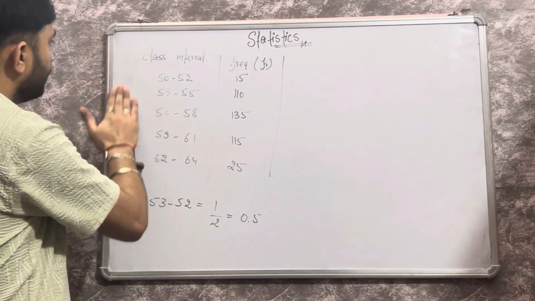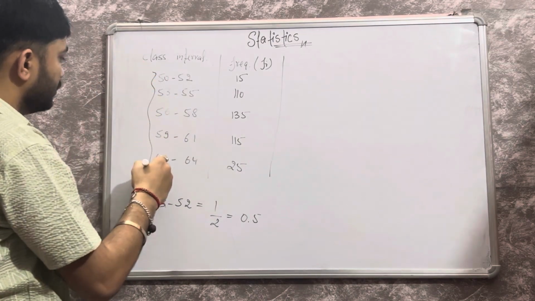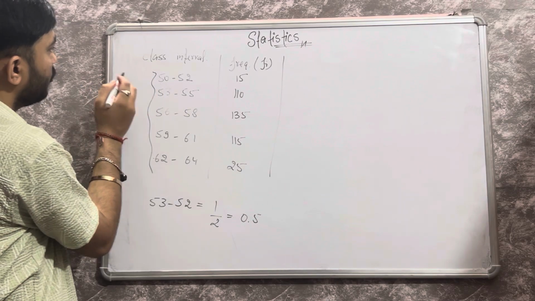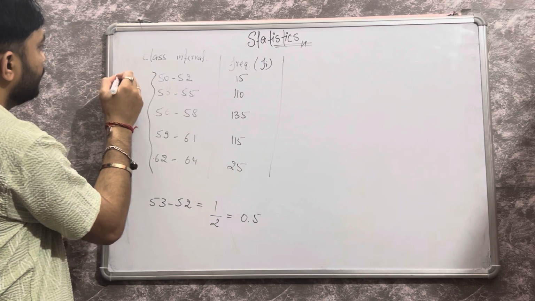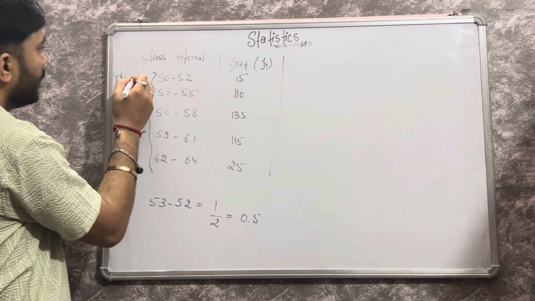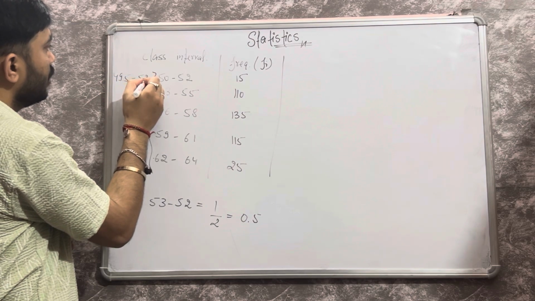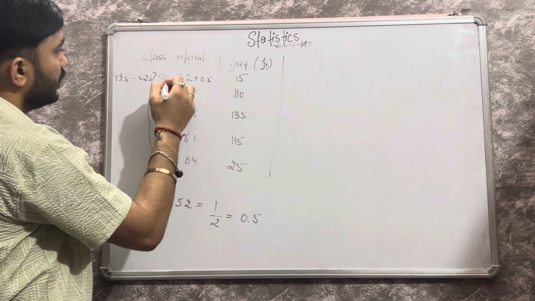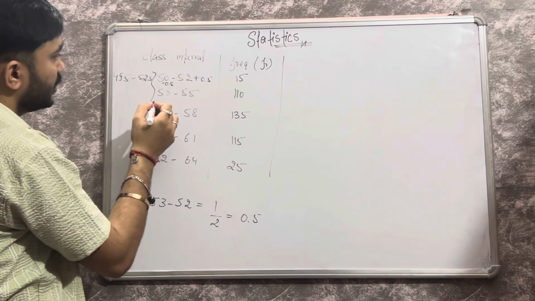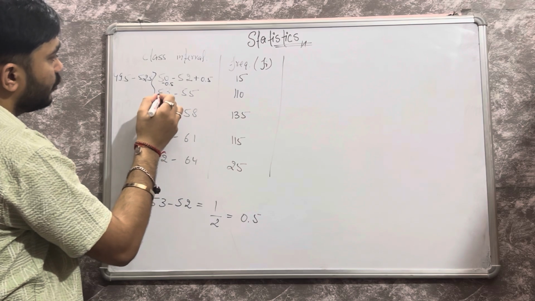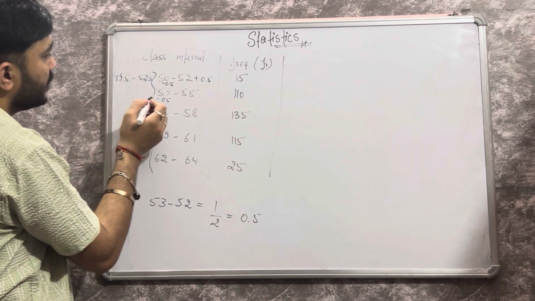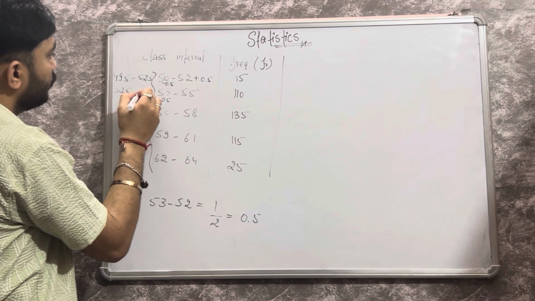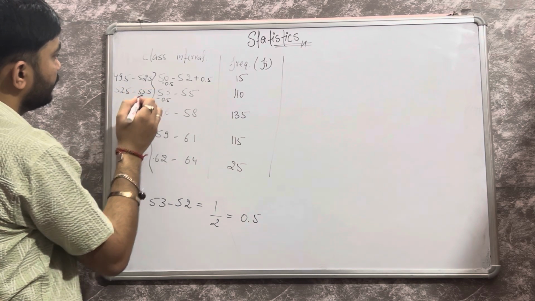So our class interval will look something like this. We have to subtract 0.5 from here. So 50 minus 0.5 is 49.5, and 52 plus 0.5 is 52.5, because we have to add 0.5 here and subtract 0.5 from here. Now subtract 0.5 from 53, you will get 52.5 to 55.5.